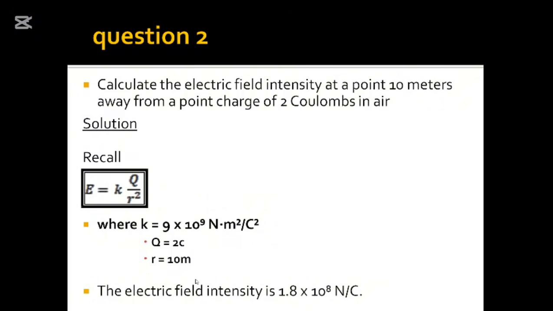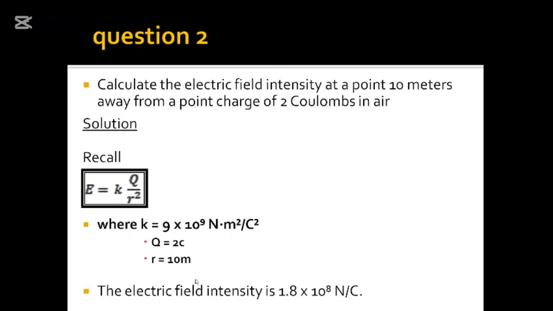You recall the same equation, E equal to KQ over R squared. We have our value of K as 9 times 10 raised to the power 9 Newton meter squared per coulomb squared. So our charge is 2 coulombs, while the distance is 10 meters as given in the question. Now the electric field intensity will be 1.8 times 10 raised to the power 8 Newton per coulomb.